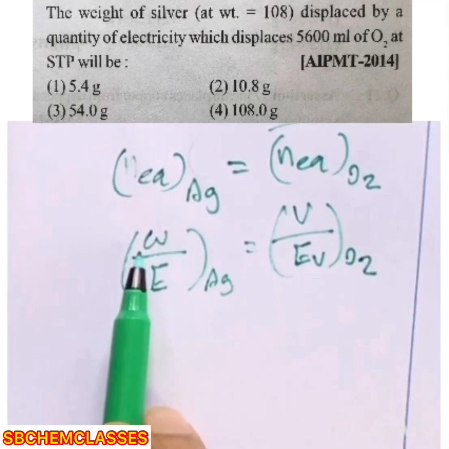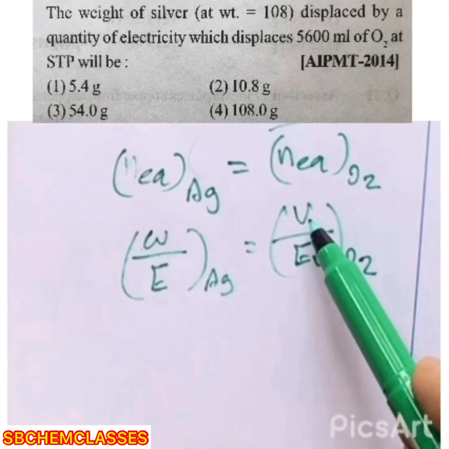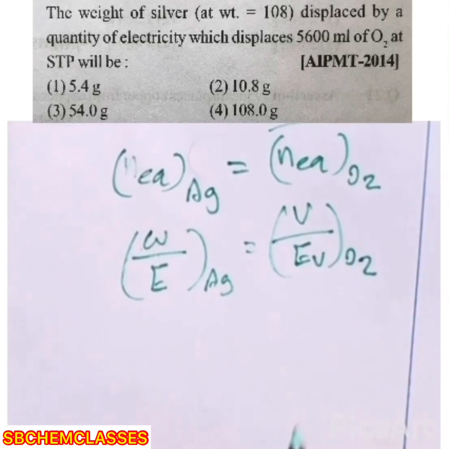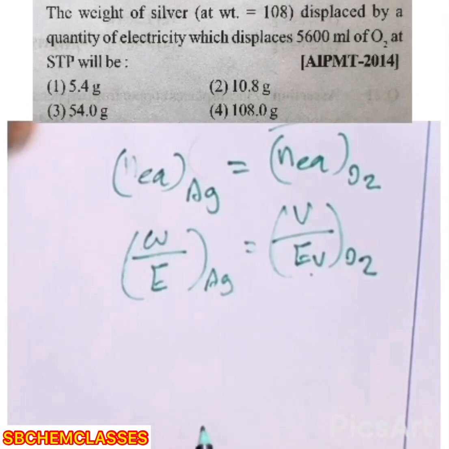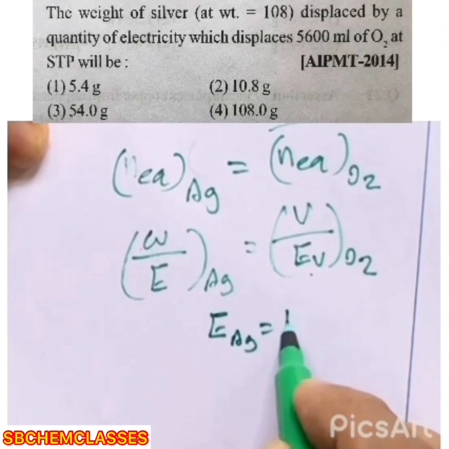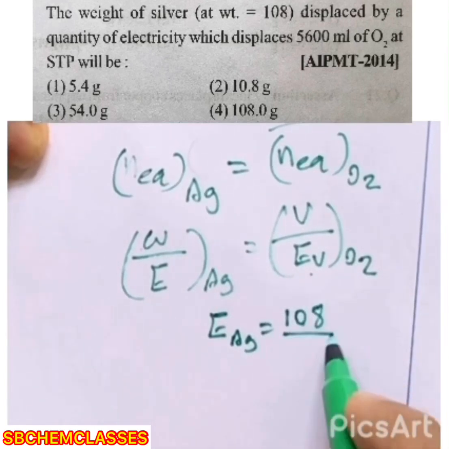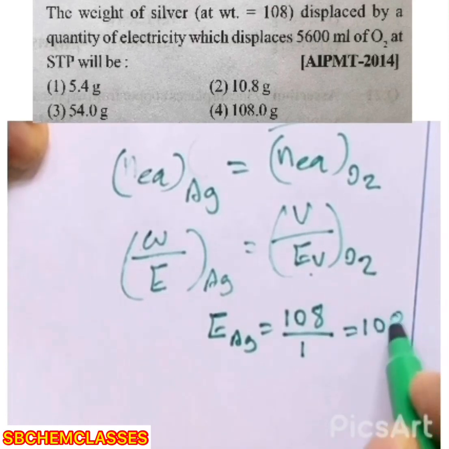We have to determine the mass of Ag deposited. In this question, the volume of O2 is given. We know the equivalent volume of O2 and the equivalent mass of Ag. Equivalent mass of Ag is simply 108 because its molar mass is 108, valency 1.